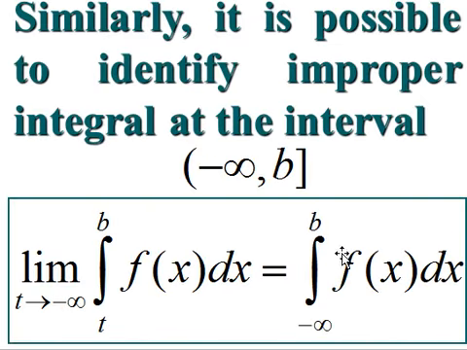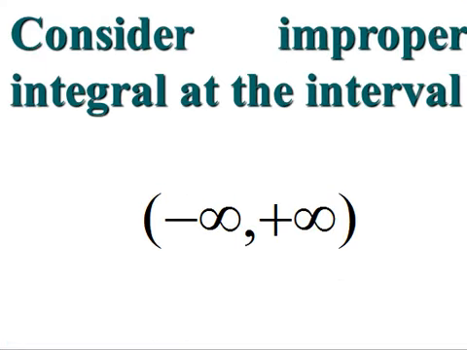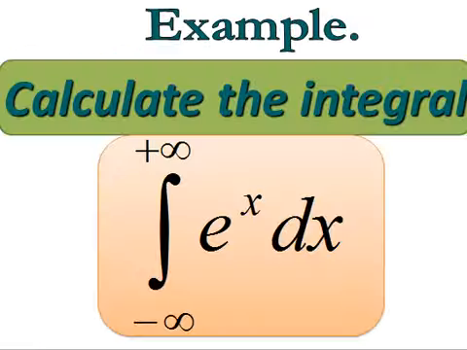The same way we may solve such integrals with negative infinity instead of a. And the case when integral is from negative infinity to positive infinity. Let's consider such a case.